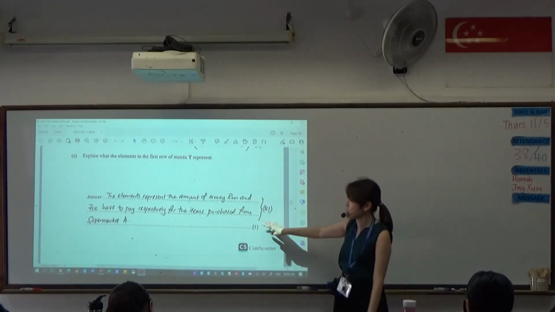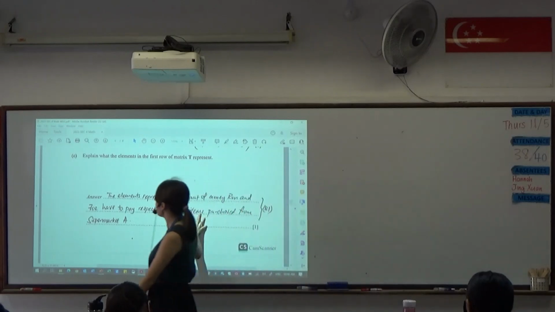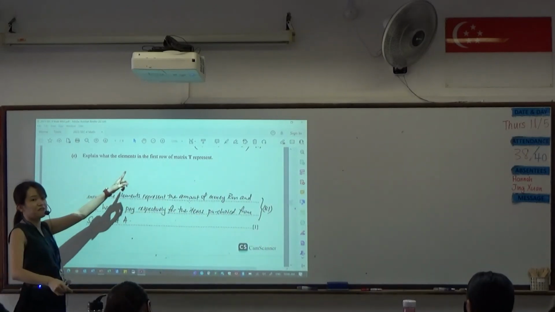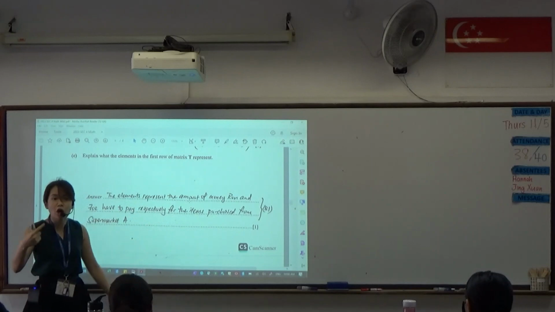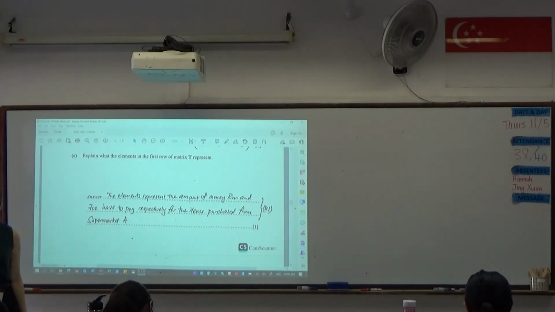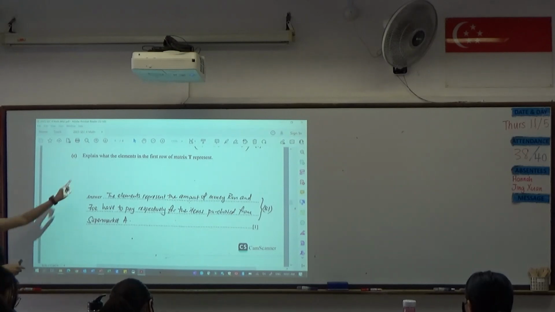So in this question, the answer should be the elements for the first row. By the way, if you talk more than the first row, marks will not be given, because you must follow the instructions. Why are we marking this way? It is the Cambridge expectation, because I was looking at the O-level markers' report, and they had something similar.